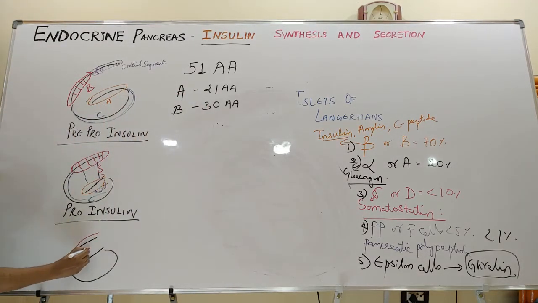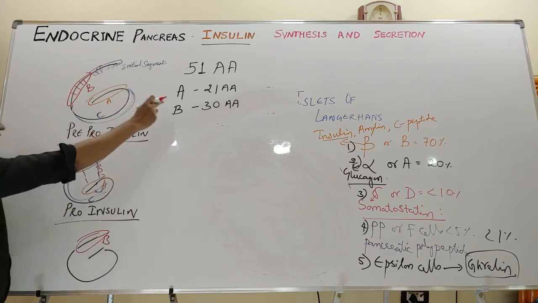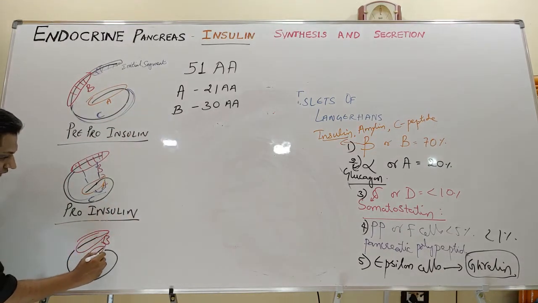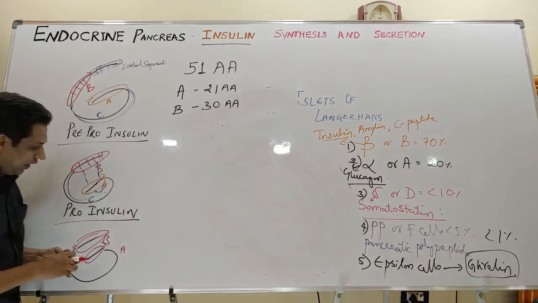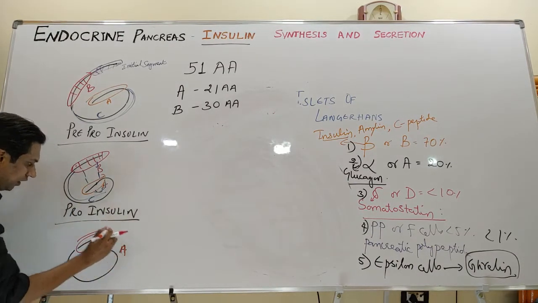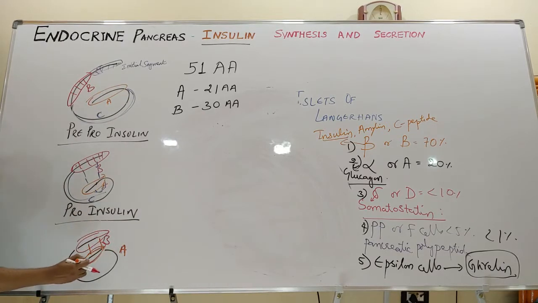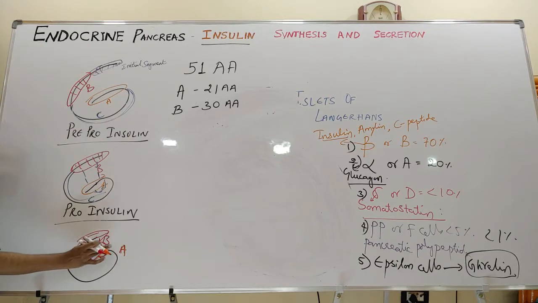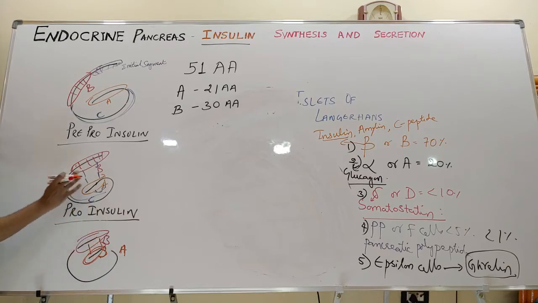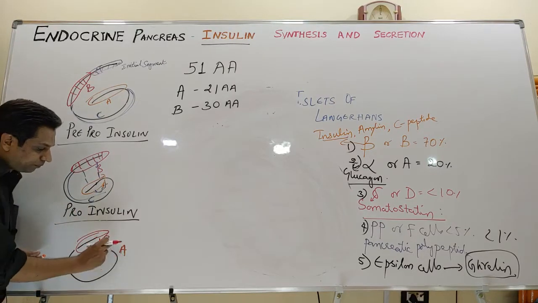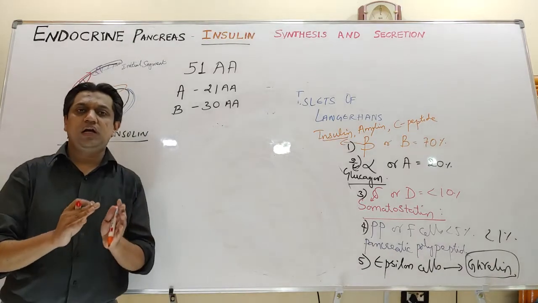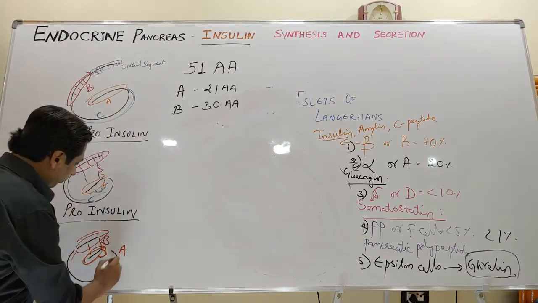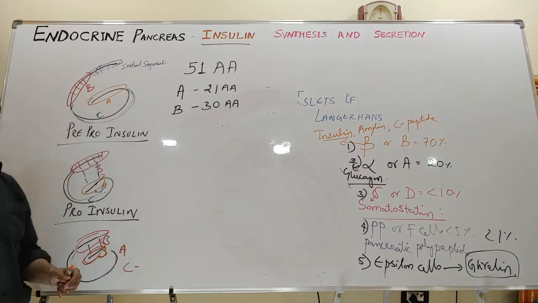The B chain consists of 30 amino acids and the A chain of 21 amino acids, and both are connected by disulfide bonds, with one more disulfide bond within the A chain. So proinsulin is further cut, and this structure is known as insulin: A chain and B chain connected by disulfide bonds. The remaining segment is known as C peptide. So you can just remember A, B and C.